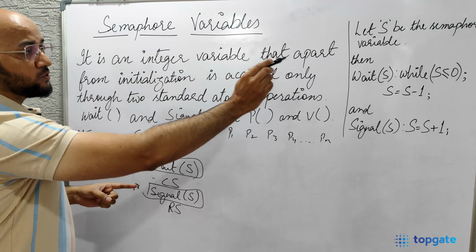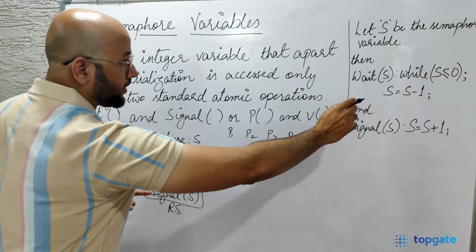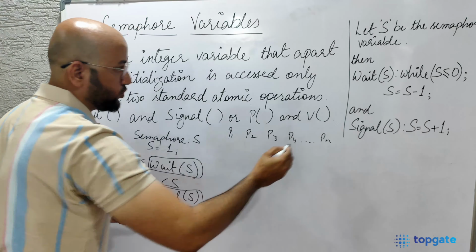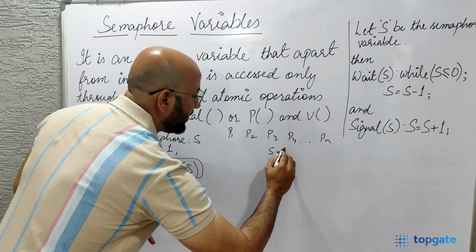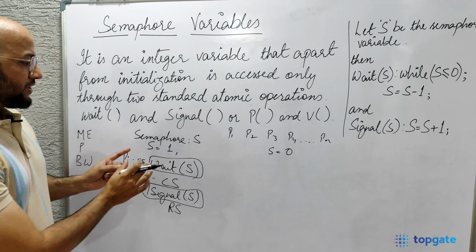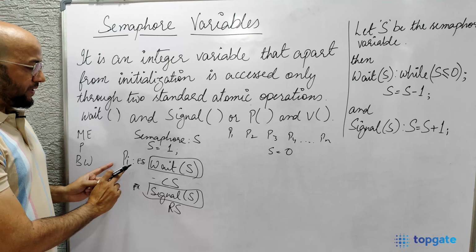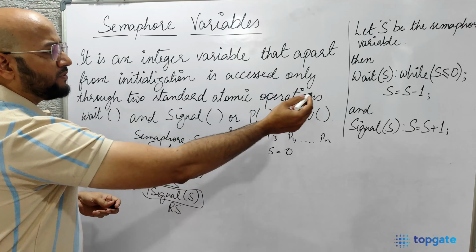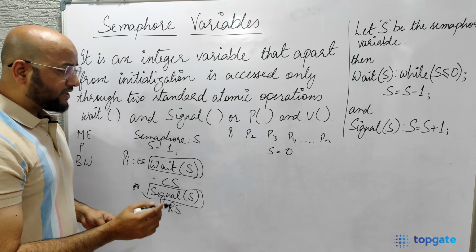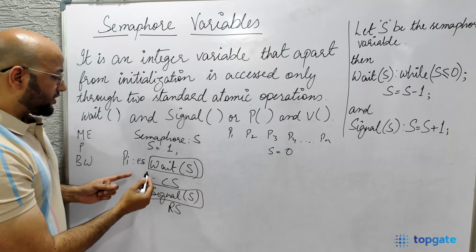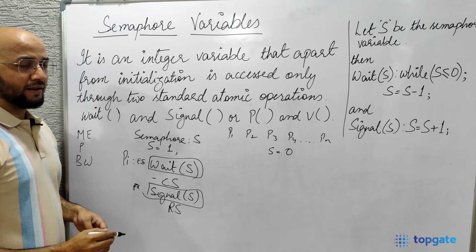Therefore the condition becomes false, hence the while loop is broken, and it will come to s equal to s minus 1. That is, the new value of s will now be 0. Initially it was 1. Now process P1 has decremented the value, and the new value of s becomes 0. After setting the value of s as 0, Pi will go to the critical section.